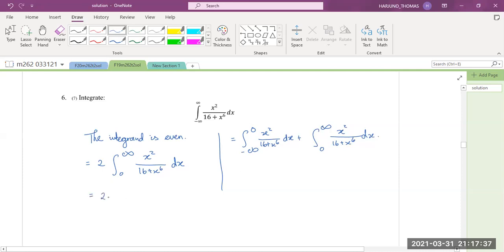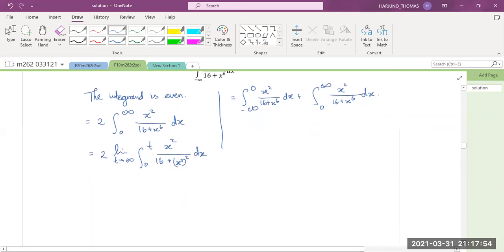Now this is 2 times the limit as t goes to infinity of the integral from 0 to t of x squared over 16. Let me do it this way. This is x cubed squared dx. So I do u substitution.